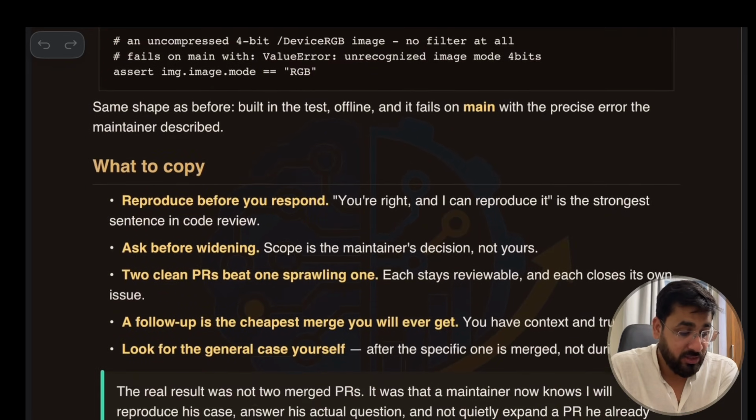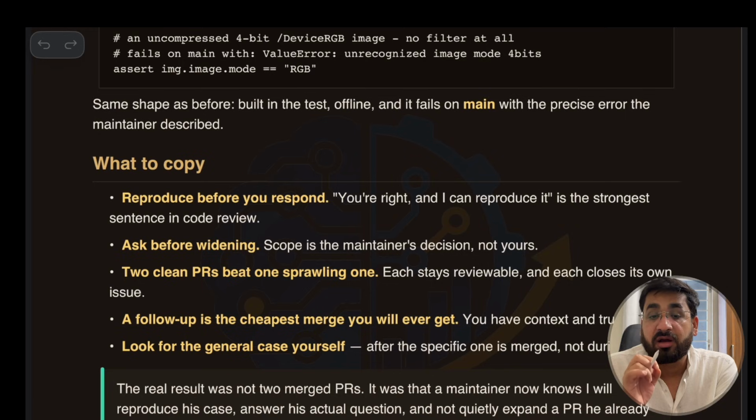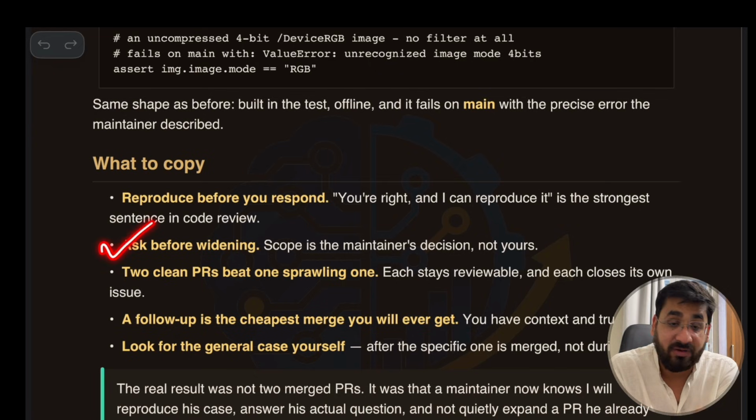What you can learn from this is: reproduce before you respond. Whatever I'm saying, I have to be 100% responsible for it. So that I did, and ask before widening.